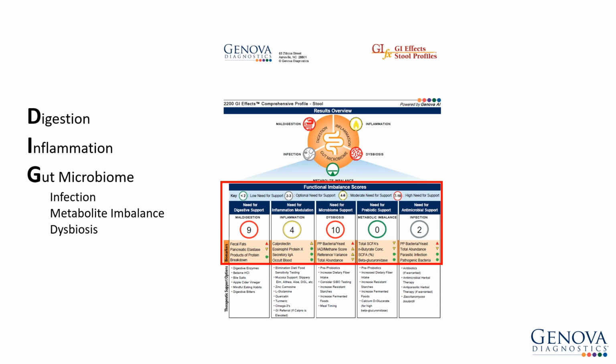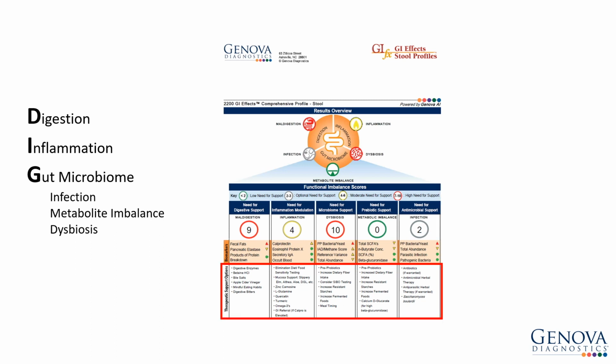In the dysbiosis pillar, we see there is a pathogenic bacteria and yeast, as well as abnormalities in all of the other markers in that category. It's worth mentioning that in the inflammation pillar, calprotectin is borderline elevated. This is an important inflammatory marker that we will discuss later.